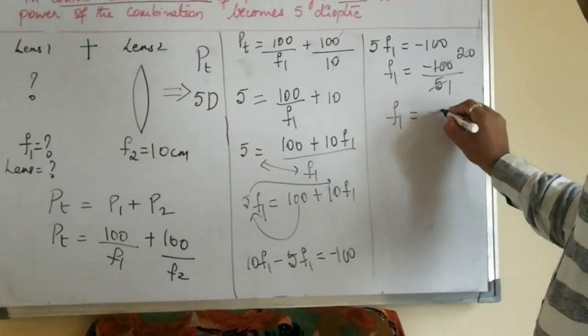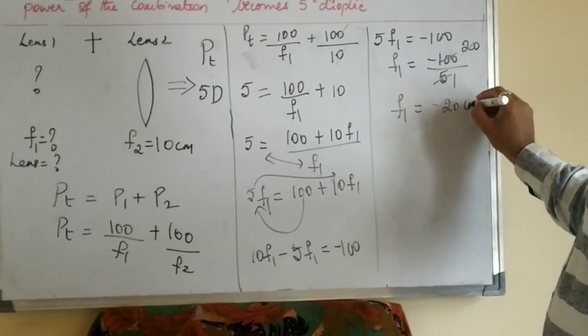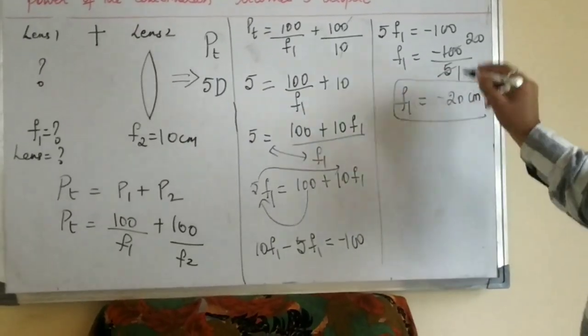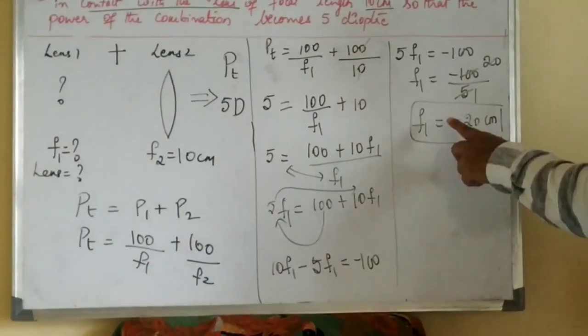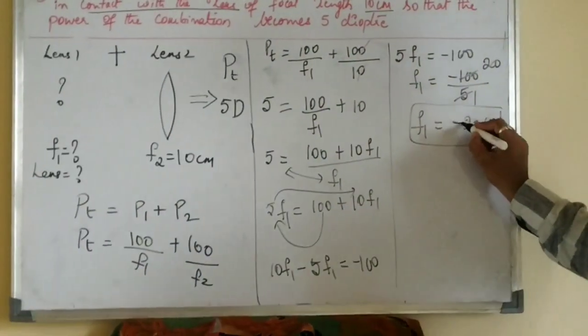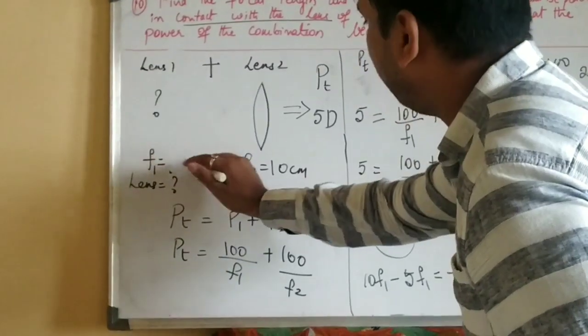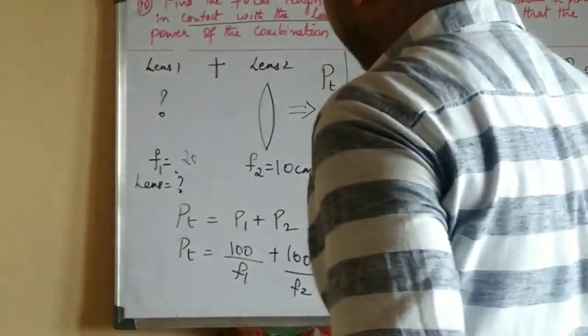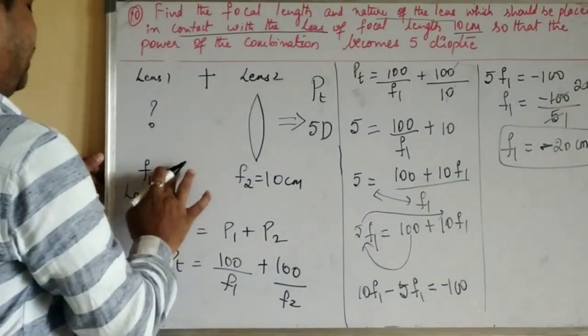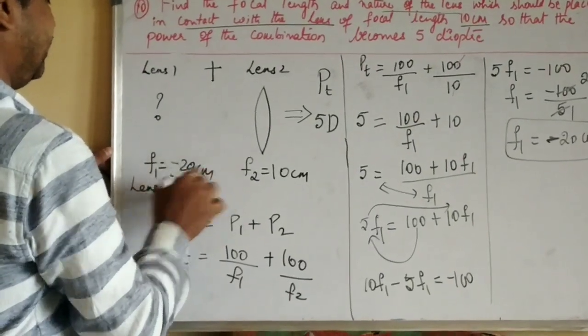F1 is equal to minus 20 centimeter. Now what this indicates? The value of F1 is negative, you are getting, that is minus 20 centimeter. The value of F1 is equal to minus 20 centimeter.